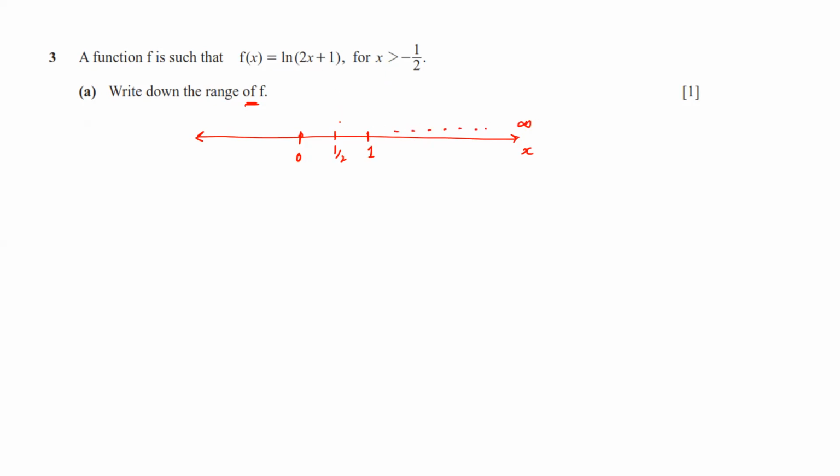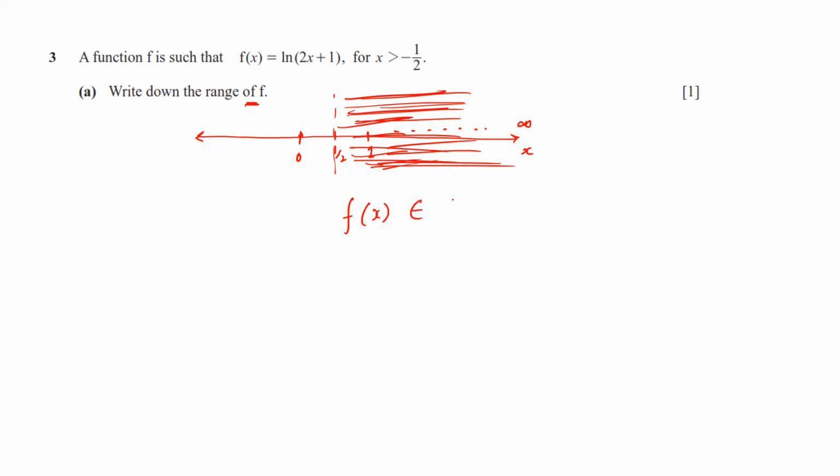So this function f of x can be defined for all values of x that belong in this region. You can take any value of x that is greater than minus 1/2, all values of x that lie in this region, and that will be giving us the value of f of x. And what will the value be? It can be any real number. So f of x belongs to the set of real numbers. Okay, and this will be your answer.